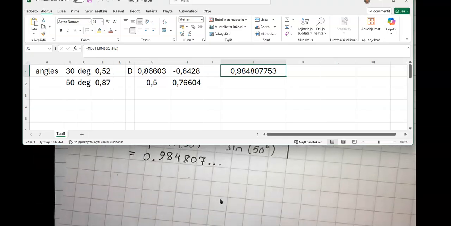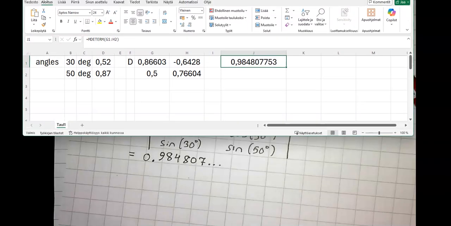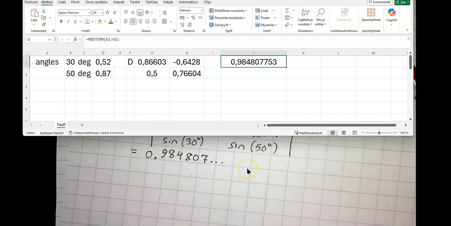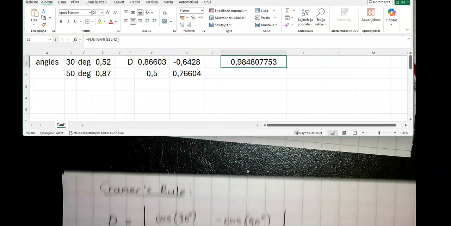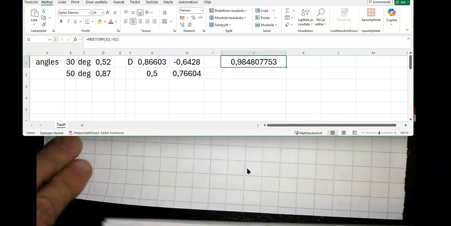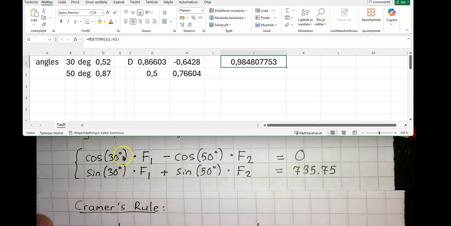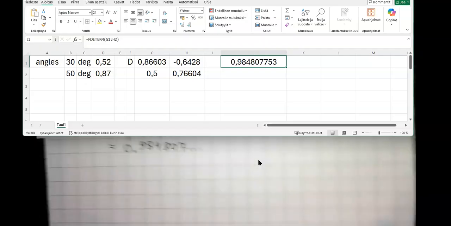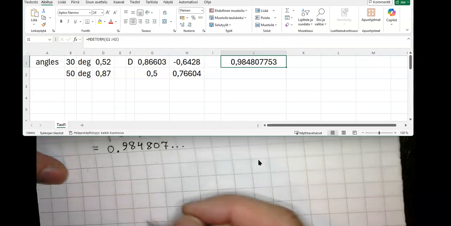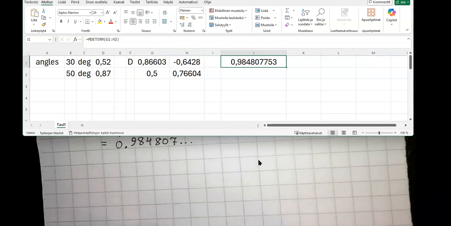And then the next determinant, we had this pair of equation here, and first we took those factors in front of those unknowns, and the next determinant will be, I will call this d1.